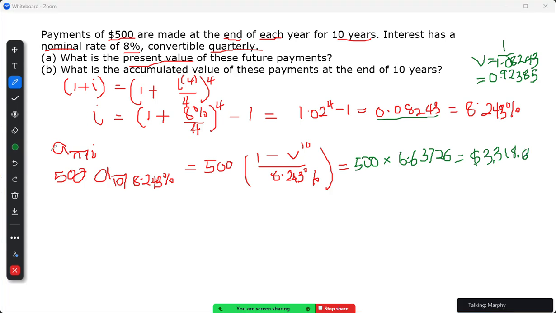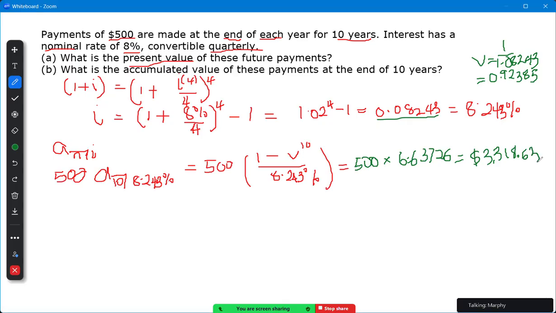That's what I have there. So I'm going to have 3 here. So this is going to be the present value of this payment. This payment that we made for 10 years at the end of each year for 10 years.